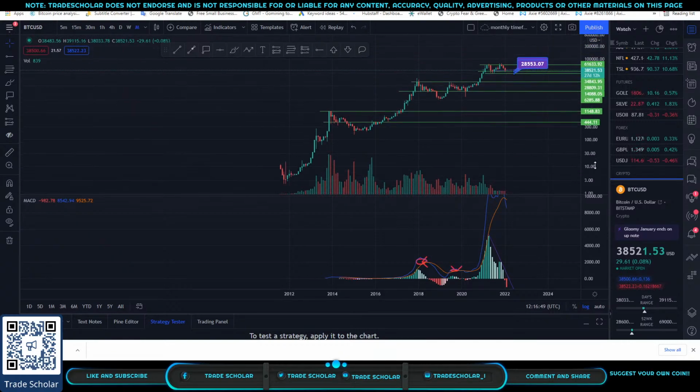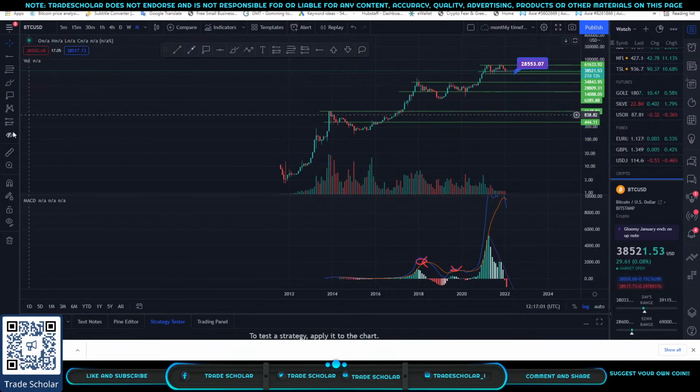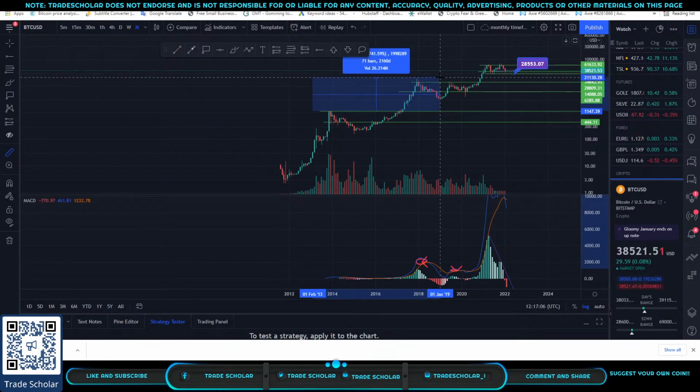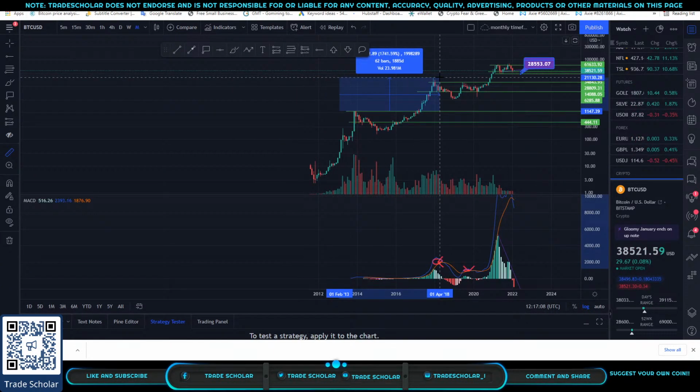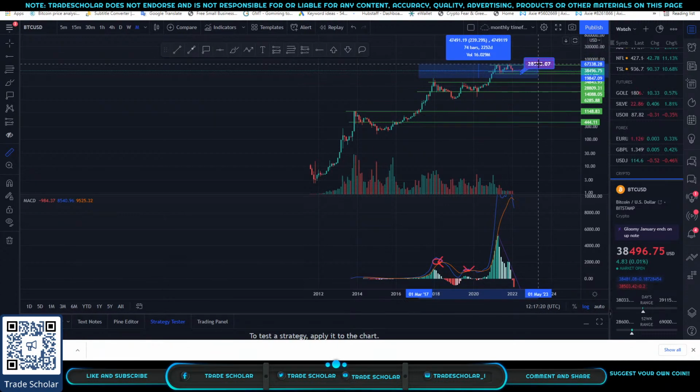Let me show you. From the previous bull run, from here to here, our bull run was a 9,800% movement. The next bull run, from here to here, was a 1,741% movement over 62 bars. That's a huge move. And then the next bull run, from here to here, is only 261%.